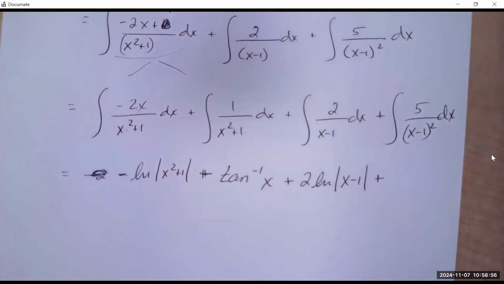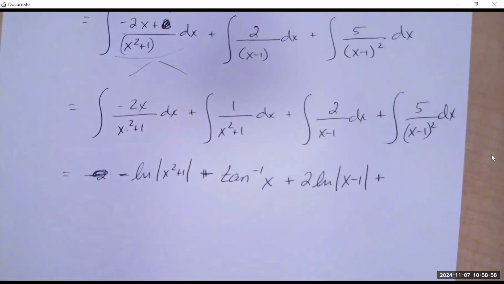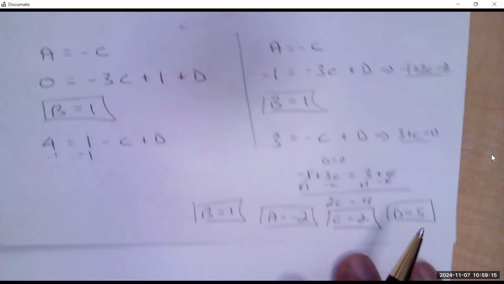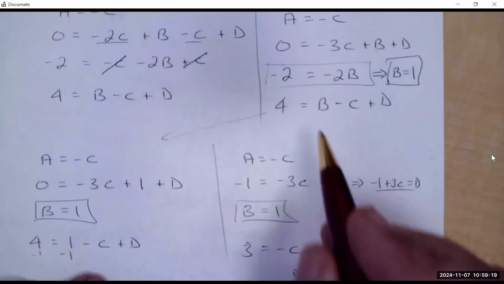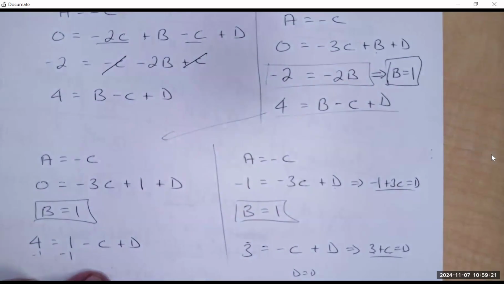Check that d again, because that shouldn't be so big. Something's wrong here. I did d wrong, because it has to equal 4.